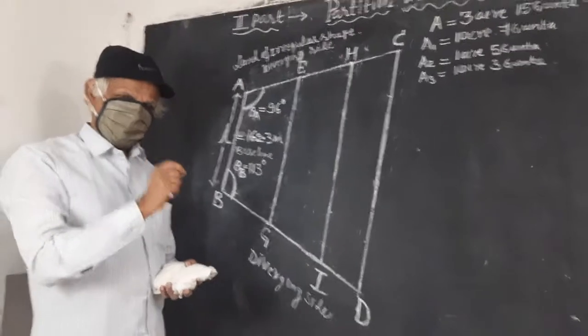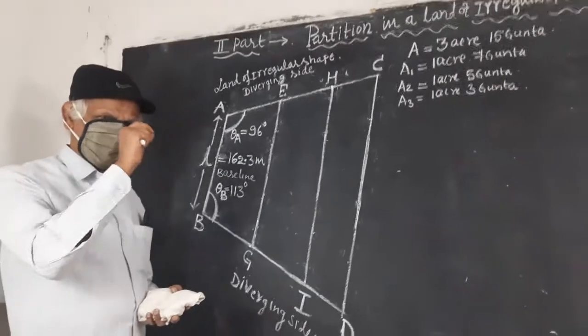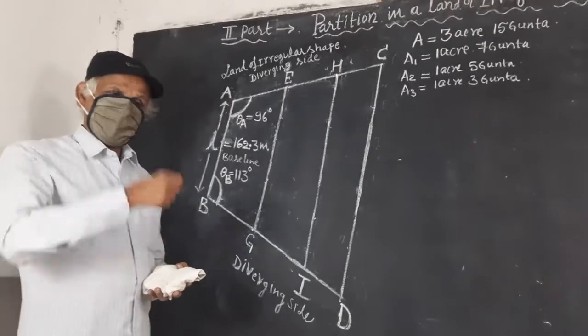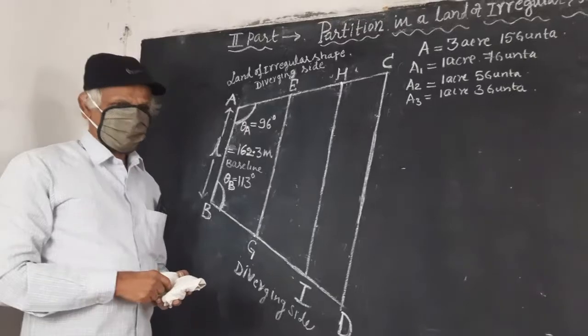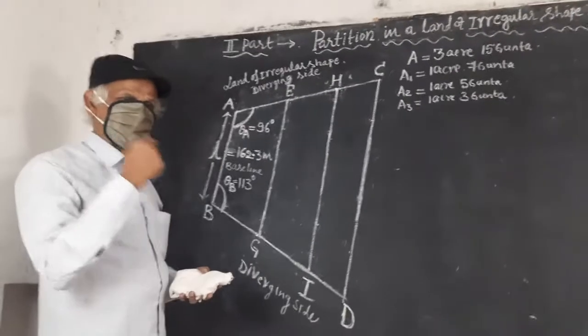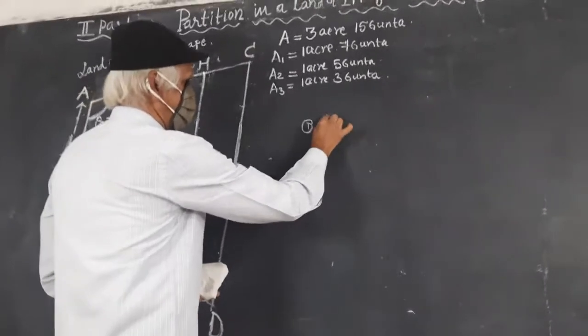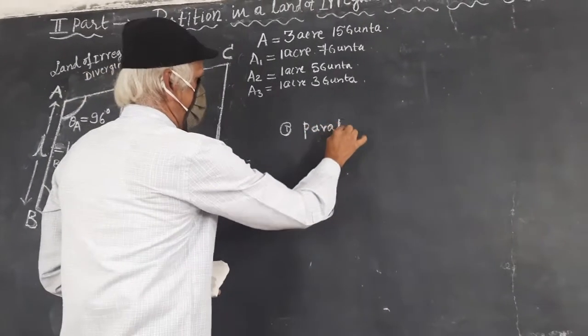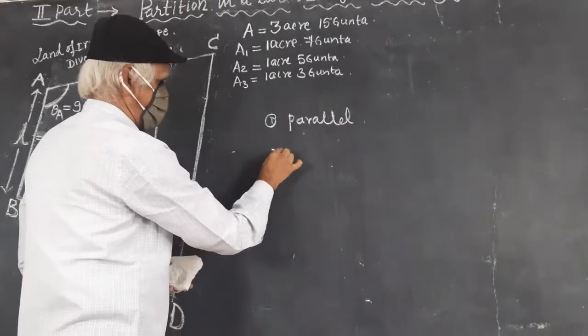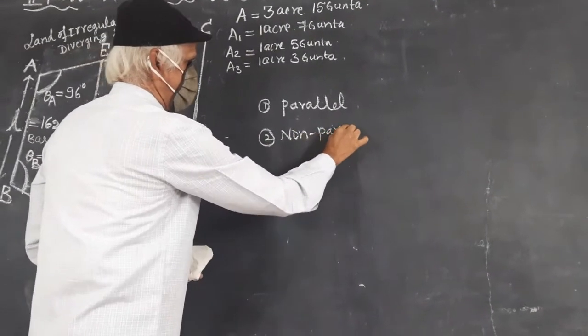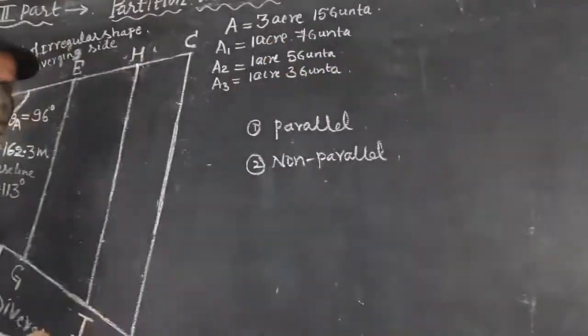Here I consider only vertical partition. Again in vertical partition, 2 types arise. One is parallel partition and the other is non-parallel partition.